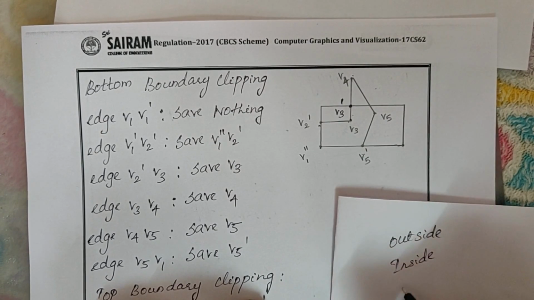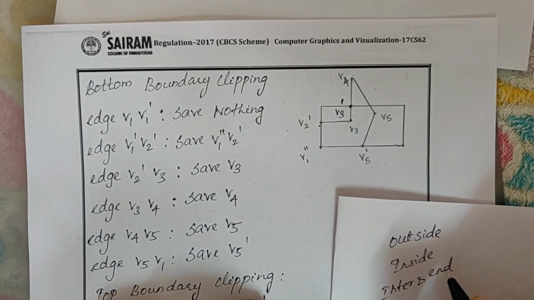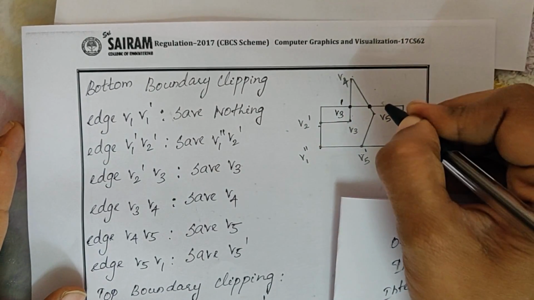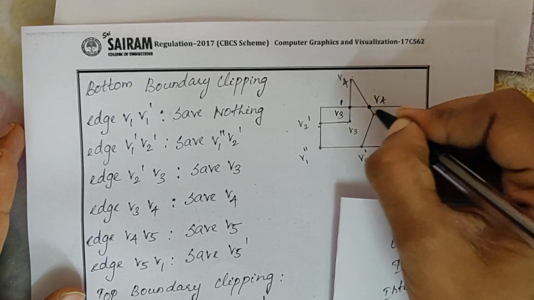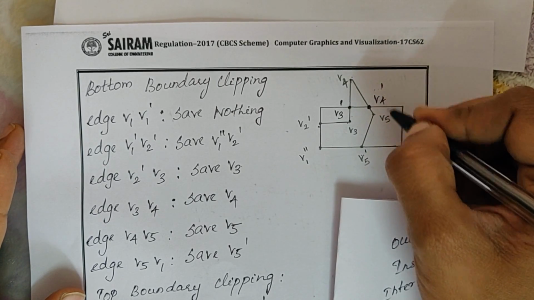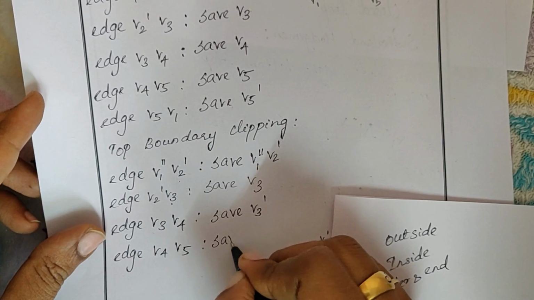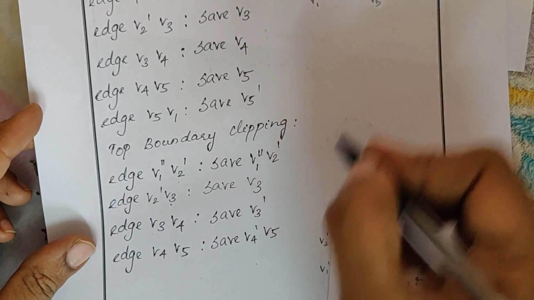What should I save? Save the intersection point and end point. So here I have to calculate the intersection point. In this edge the starting vertex is V4, so the intersection point will be V4 dash. So save V4 dash, V5.